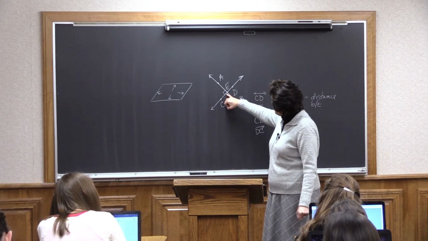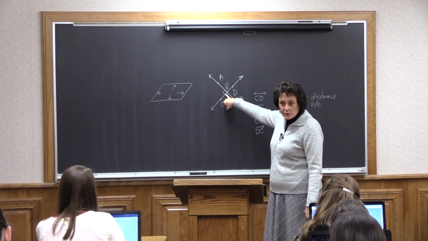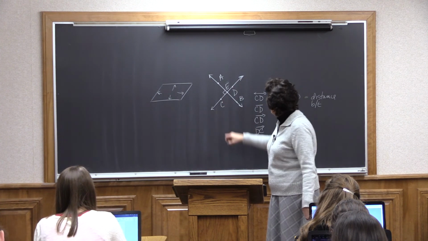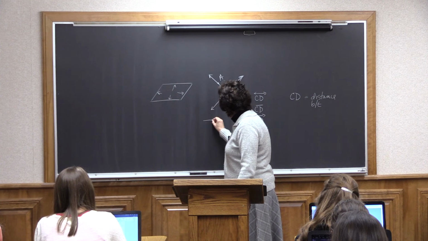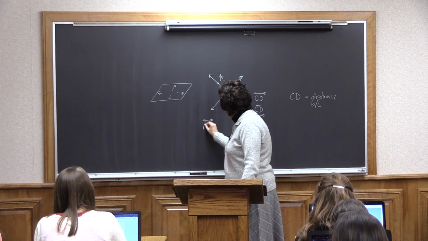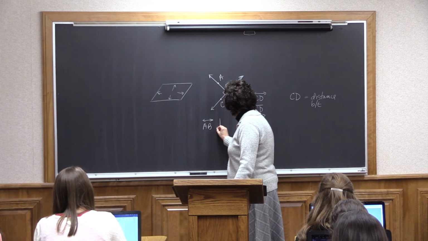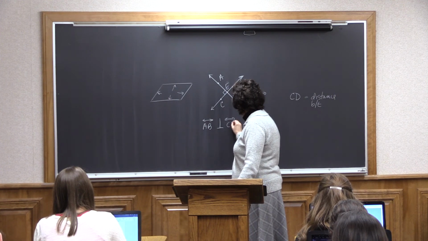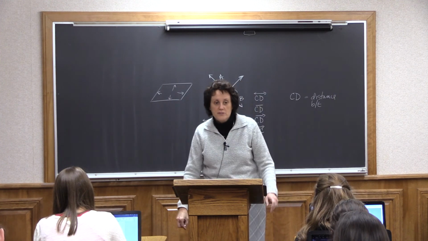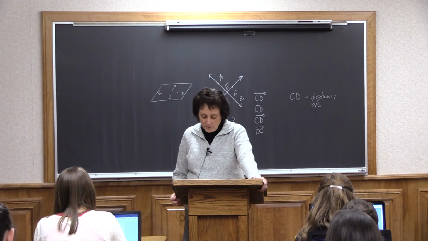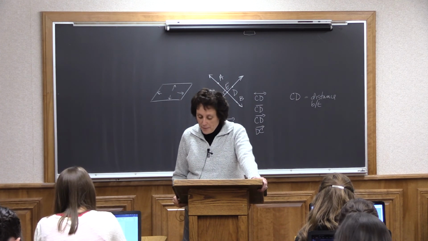On diagrams, perpendicular is denoted by a little square in the corner. If we are writing it out symbolically, we would say line AB is perpendicular to line CD. All of this should be very familiar to you, terminology and symbols and so forth.